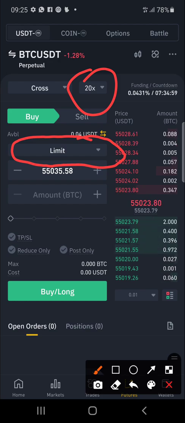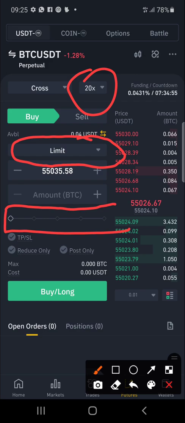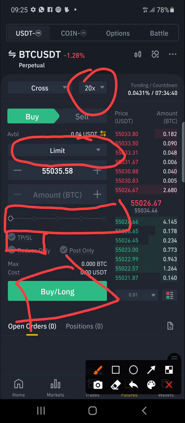Then here is where you select the percentage of your portfolio you want to use to trade. Then here is where you select your TP and SL, that is take profit and stop loss. After everything, you click here to buy or go long. So that's what all those things are about.